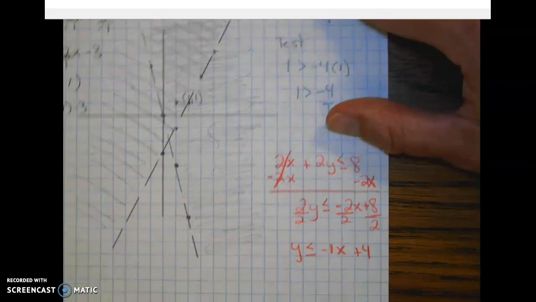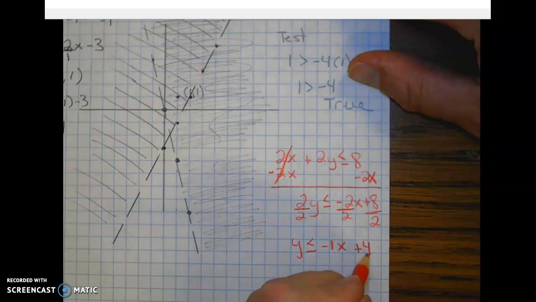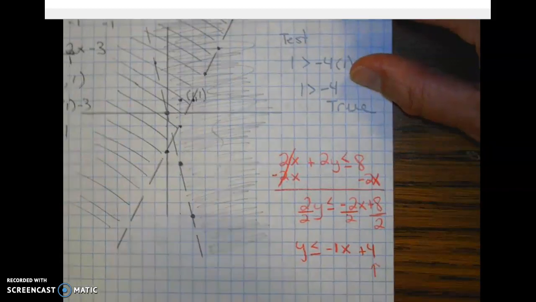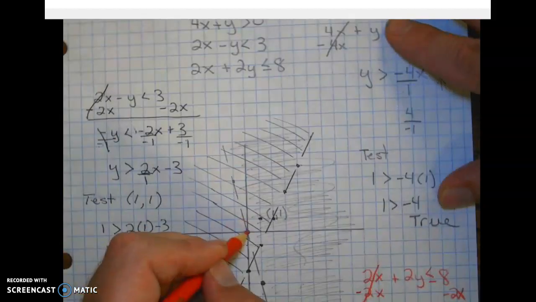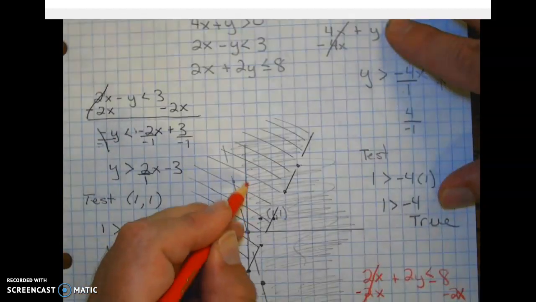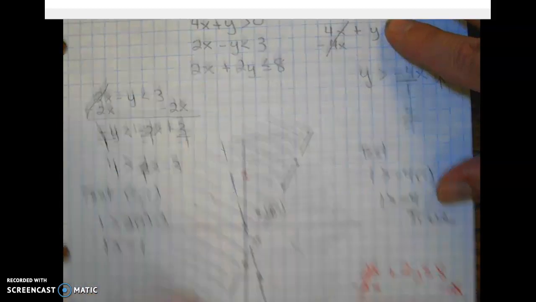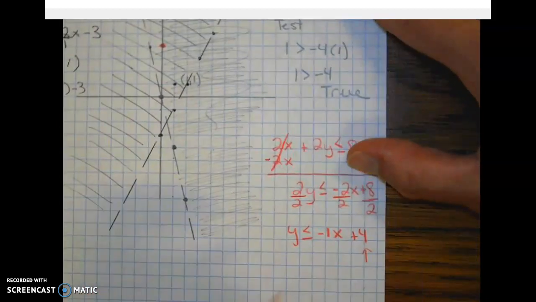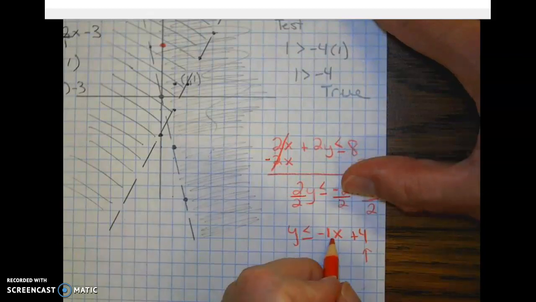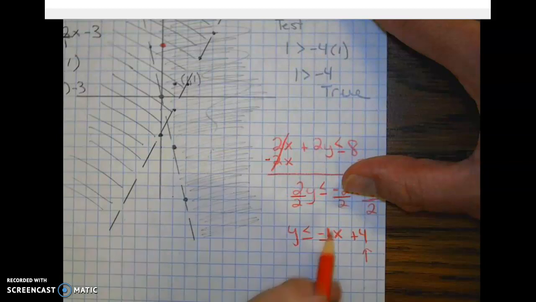So to graph this one, we're going to start with our y-intercept at 4. So 1, 2, 3, 4. And then applying the slope, again, we do not have a fraction, so we're going to make one by putting this integer over a positive 1. So we're going to go down 1, right 1.